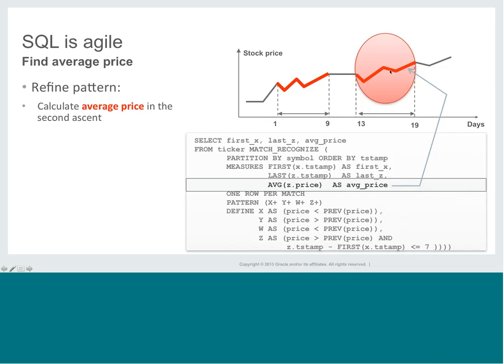In this case, we want it in the last up, so we just add z.price, and that tells us to look in just the elements that match to z, take the price, average it over the number of observations, and return the average price.